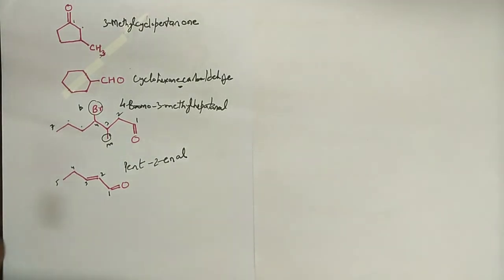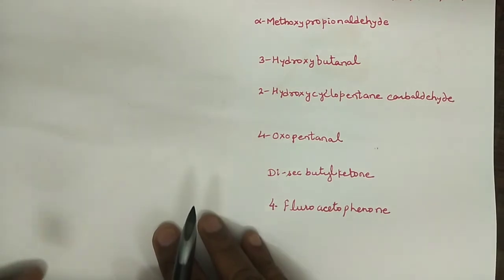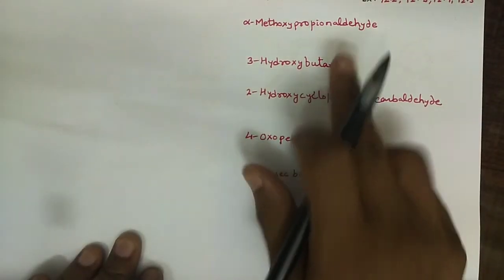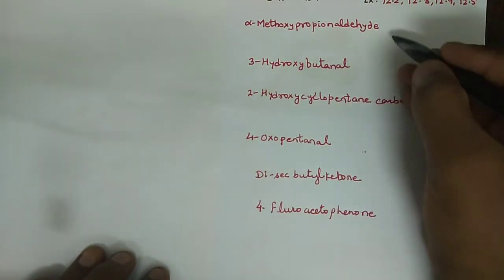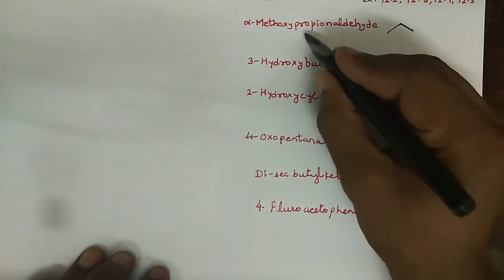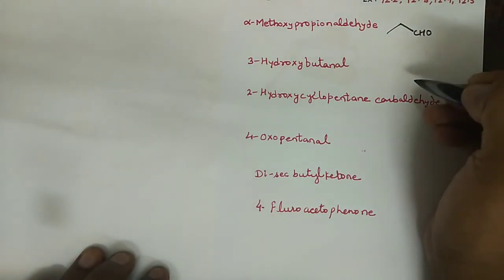So now let us draw the structures of the compounds based on their names. Here is the question. Alpha-methoxypropionaldehyde, right? So first we are going to select the chain. The chain is of 3 carbons, 1, 2, 3, and this third carbon must have been changed to an aldehyde group, right?